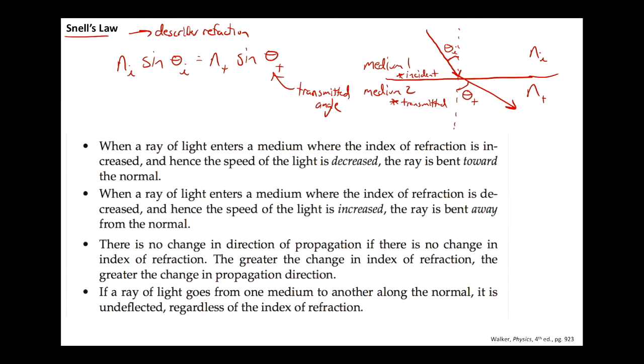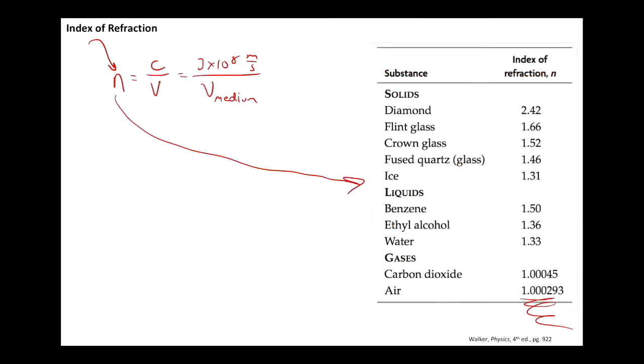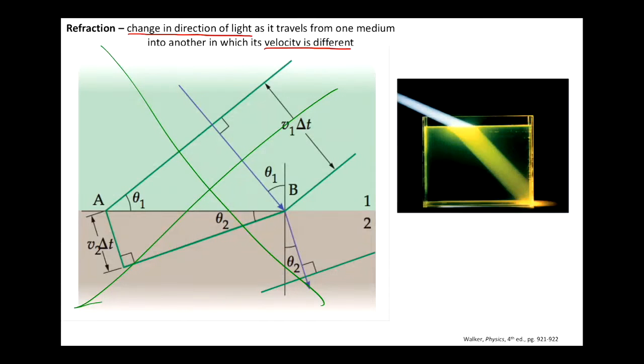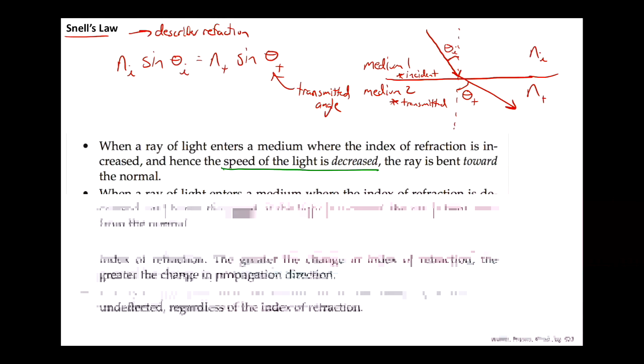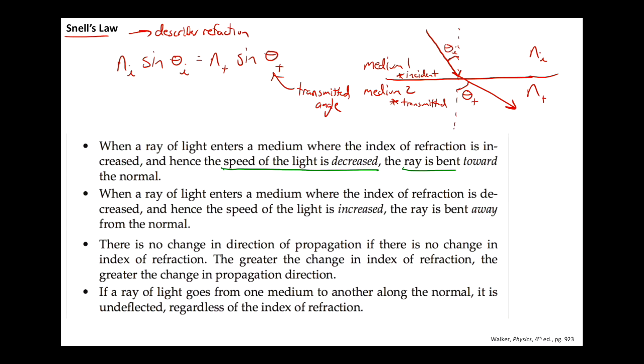Notice, the first one says that when a ray of light enters a medium where the index of refraction is increased, this is because the light travels slower in that material. With a good bit of work, which involved the thing on the previous slide that I said we're not going to derive, so don't worry about that, it turns out that the ray will be bent toward the normal line.